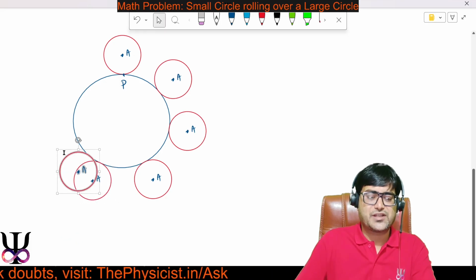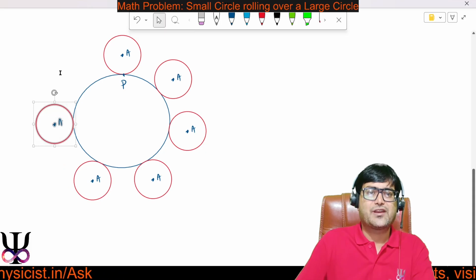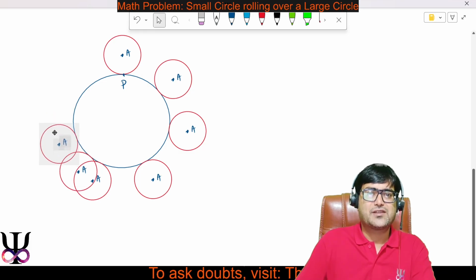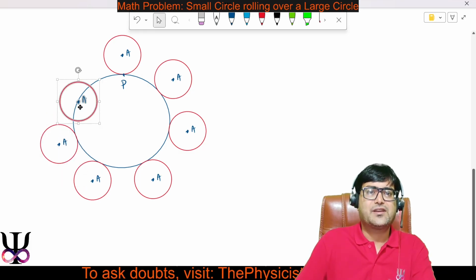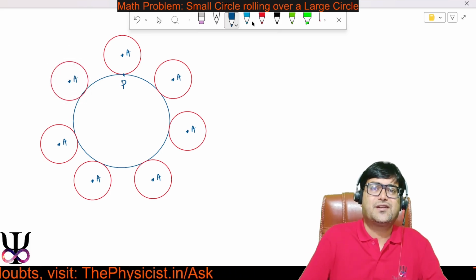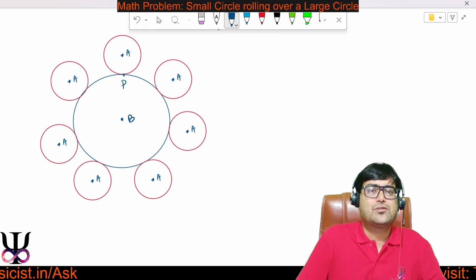Gradually, as you can see, the circle itself is revolving. Let's take this here and finally take this here. So A is also moving around B, yes or no?